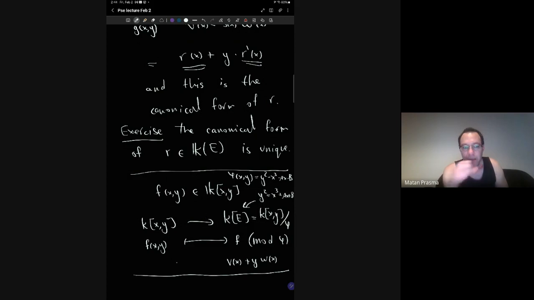We have this perspective that a rational function can be defined on all the finite rational points of E. But we actually want it to be defined over all the rational points of E. That is, we want to make sense of what is R evaluated at the point at infinity.